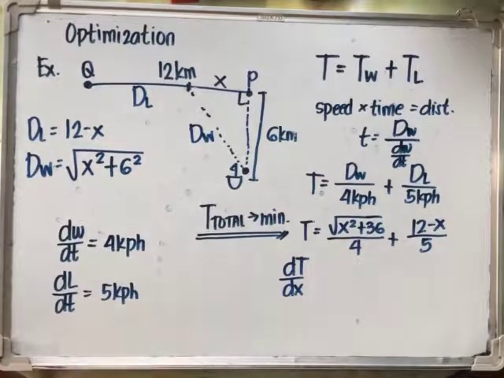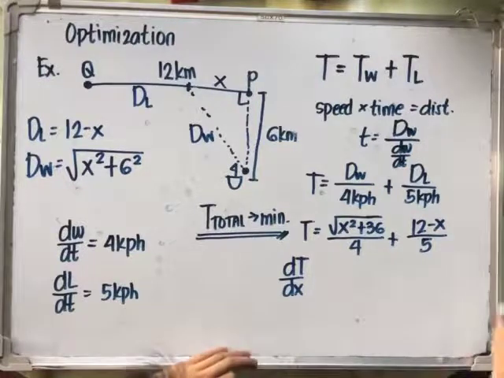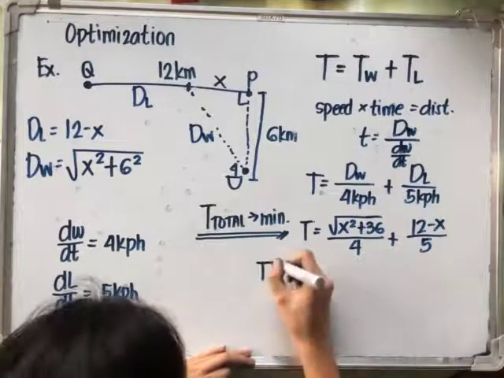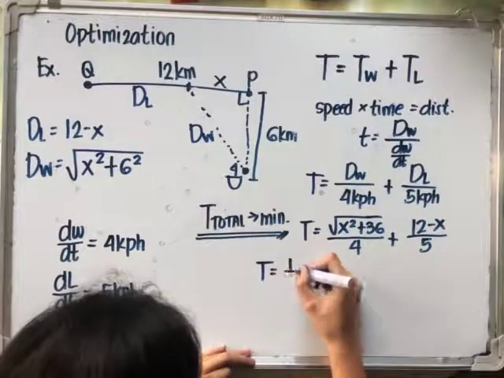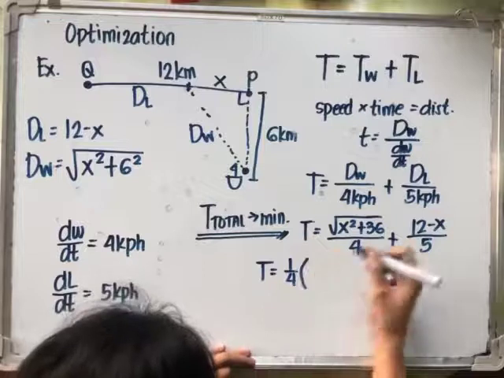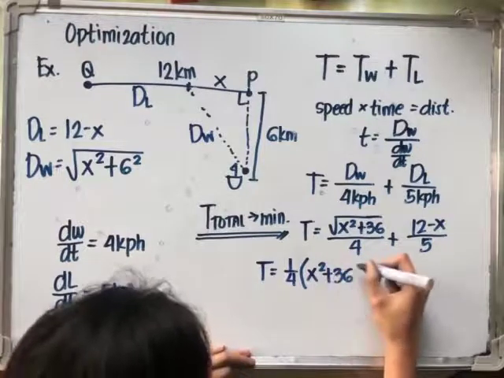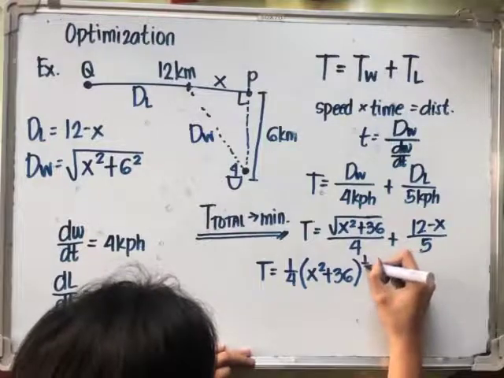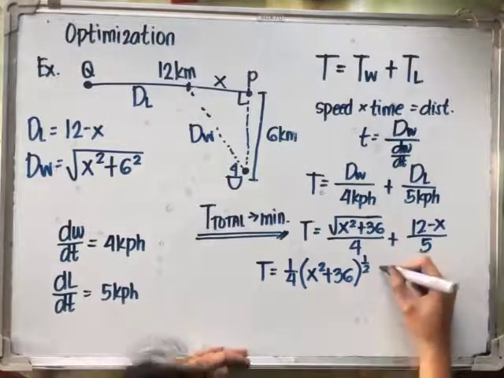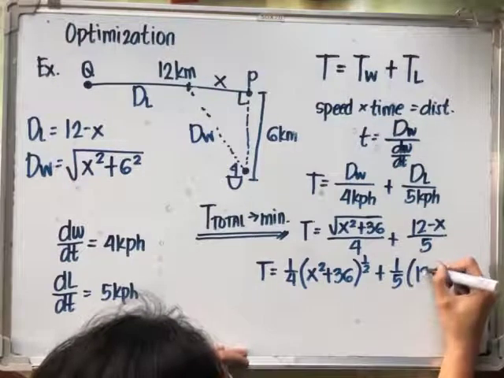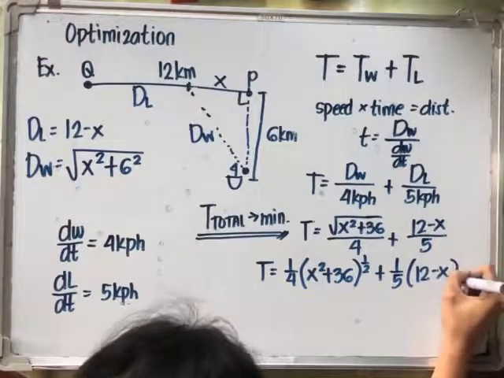So, you apply here your concept of derivative. But first, maybe I should write it this way to have it parang easier na tingnan. 1/4. Square root can be expressed as raised to 1/2. Okay? Square root is 1/2 the exponent. This would be 1/5 12 minus x.